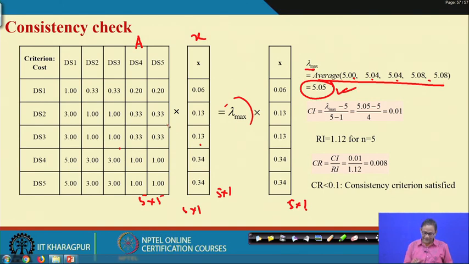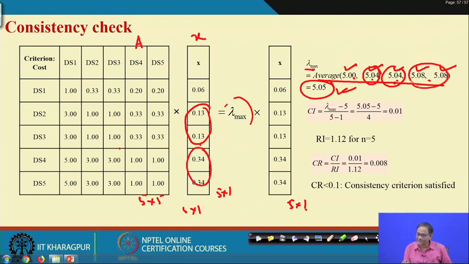So, from this equation you obtain 5 values: the first value is 5, second 5.04, then 5.08, 5.08 like this, because these two are 0.13, that is why this is 5.04. These two are the same, these two are the same.